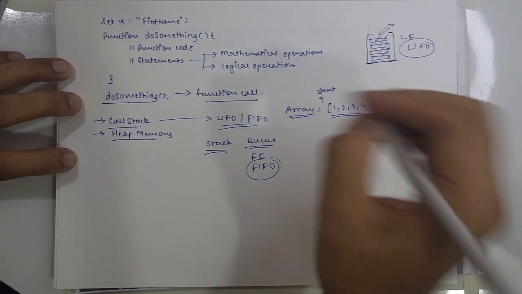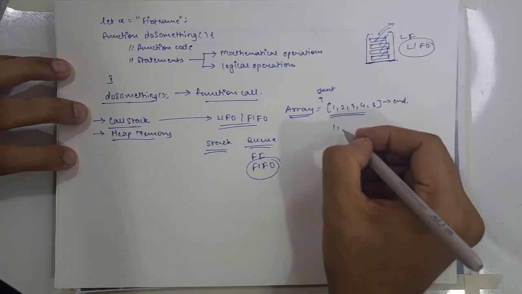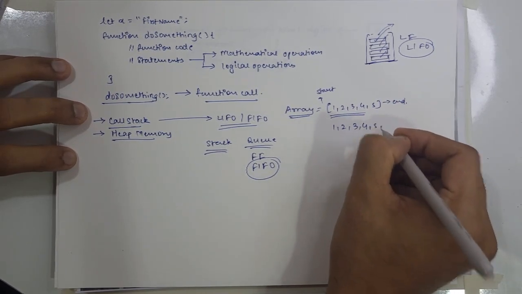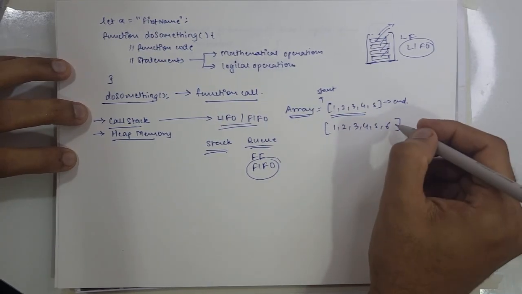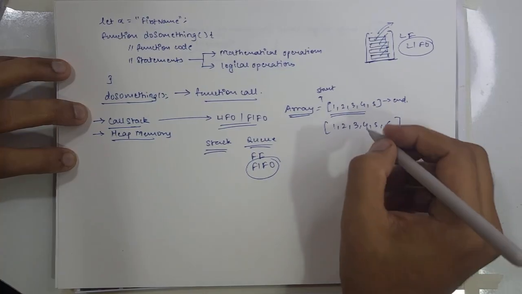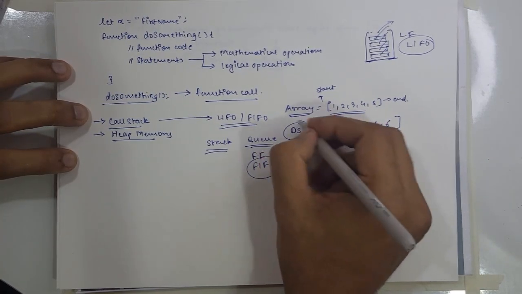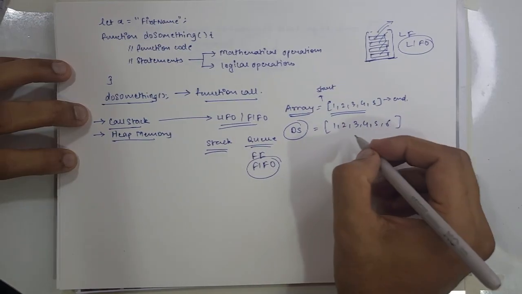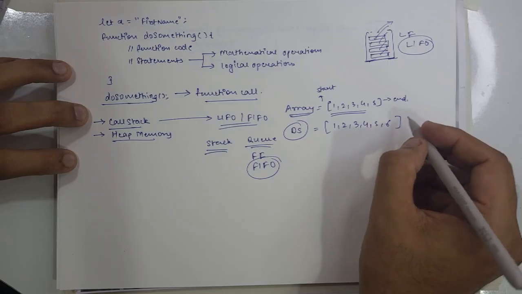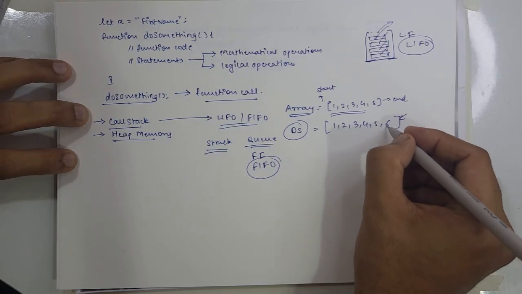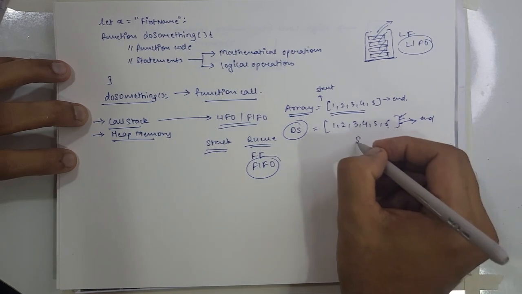Simple. In terms of an array, this is the end. If I want to add 6 over here, the 6 will be added over here, not here. And if I have an array or a data structure such that it can hold values, but it can add values at the end and it can remove values only from the end, that is basically called a stack.